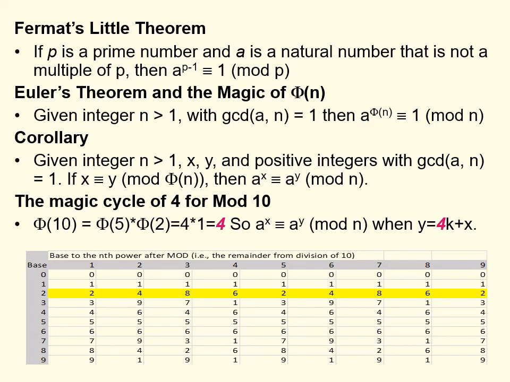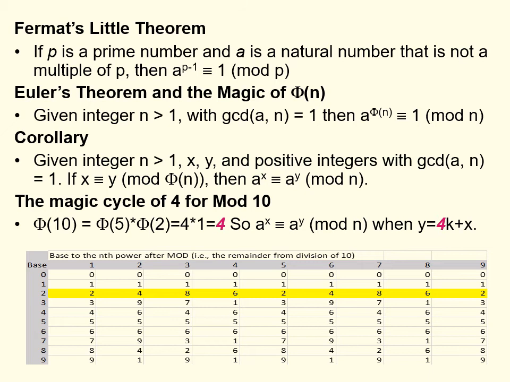You can factor 10 into the primes 5 and 2, and just multiply the two. The totient of 5 is 4, and the totient of 2 is 1. Both are prime numbers, so it's prime minus 1. So you get 4 times 1 equal to 4.